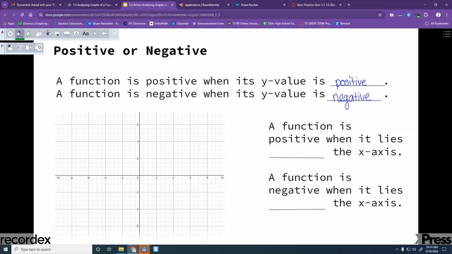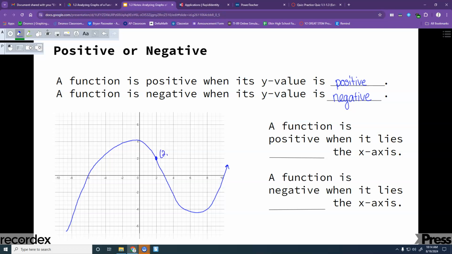So I'm just going to draw in some sort of function here. As close as you can here. So if I think about points on this graph, if I'm looking for points where my y coordinate is positive, like just think of maybe this point right here.